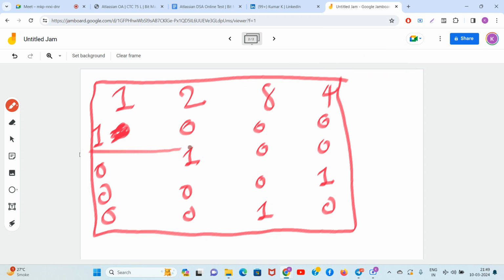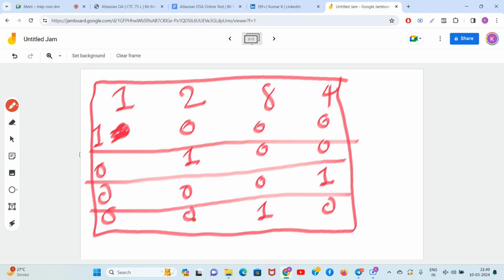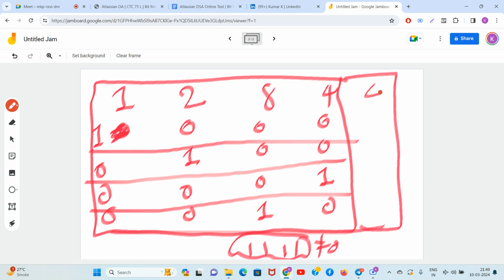Here also 1 is coming one time. Here also 1 is coming one time. 1 is coming an odd number of times. So the XOR will be 1, 1, 1, 1. 4 times 1 and it is not equal to 0. So no problem. Guys, the last number which they have given to you is a 4 again.